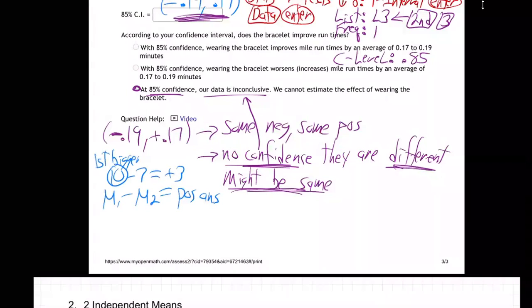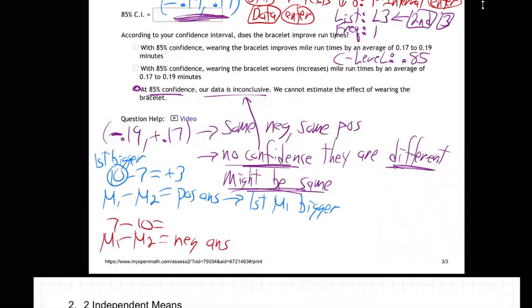That means the first, mu1, is bigger. Whereas if you subtract two things and get a negative answer, that'd be like 7 minus 10 comes out negative 3. That means the first, mu1, is smaller.